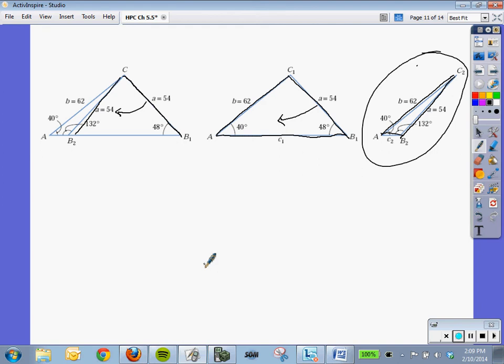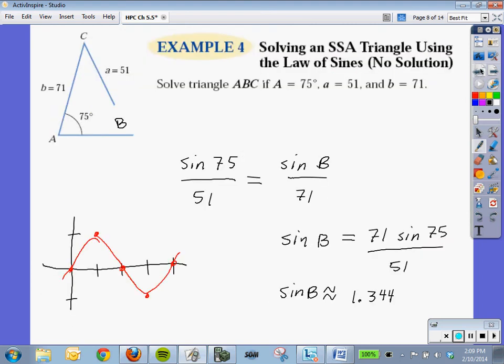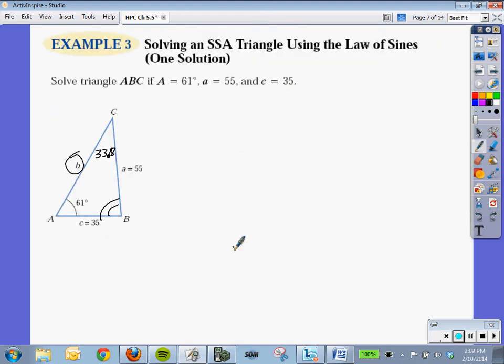So let's go back to example number 3 and see how, if we were to try and find a second triangle, we actually wouldn't be able to do that. So here we have triangle 1, and we had an angle C that we were trying to find this time around, right?